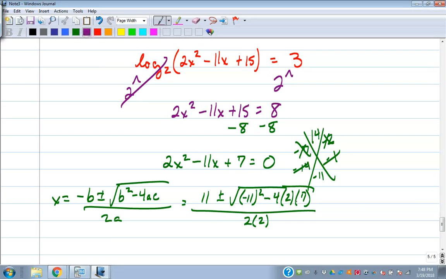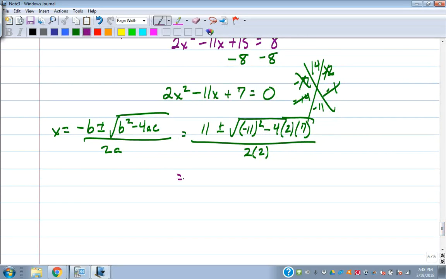So we're just going to work this out. 11 plus or minus the square root of 11 squared, 121. 4 times 2 is 8. 8 times 7 is 56. 121 minus 56 is 65, over 4. The square root of 65 is not a pretty number.